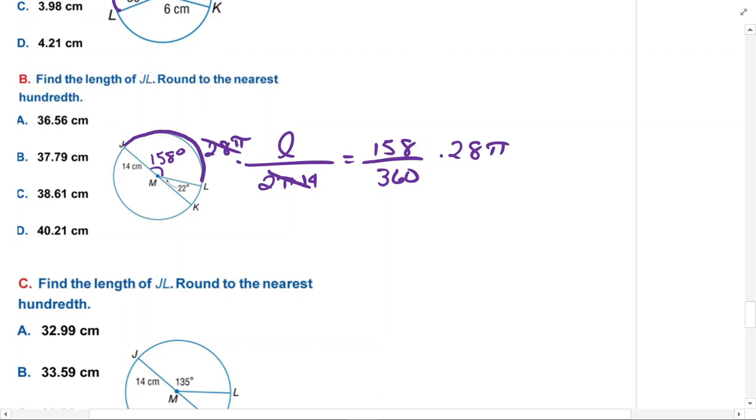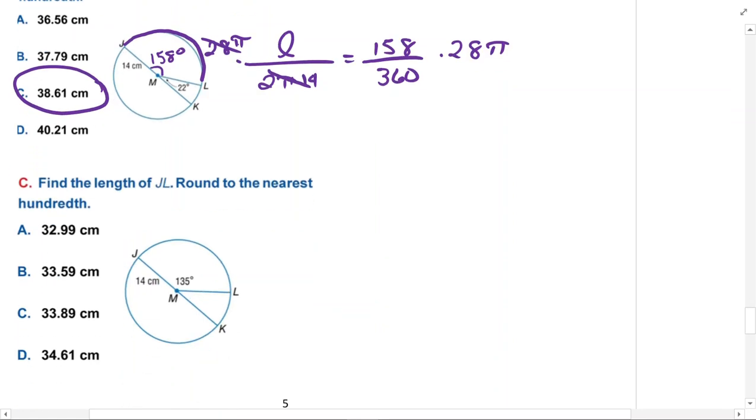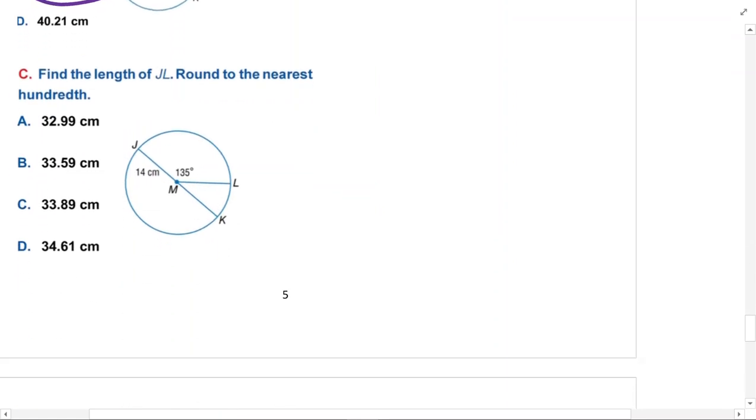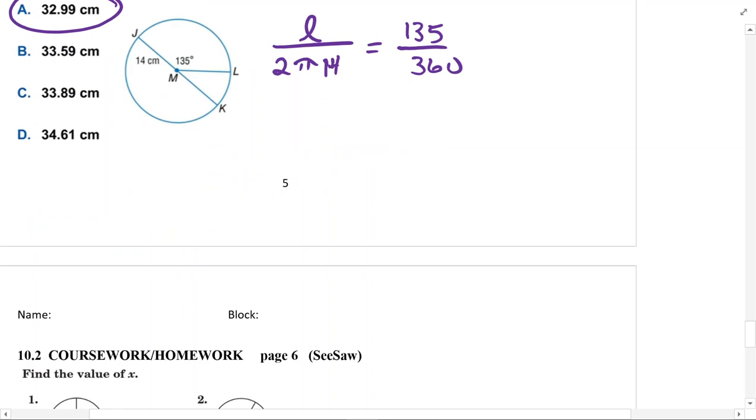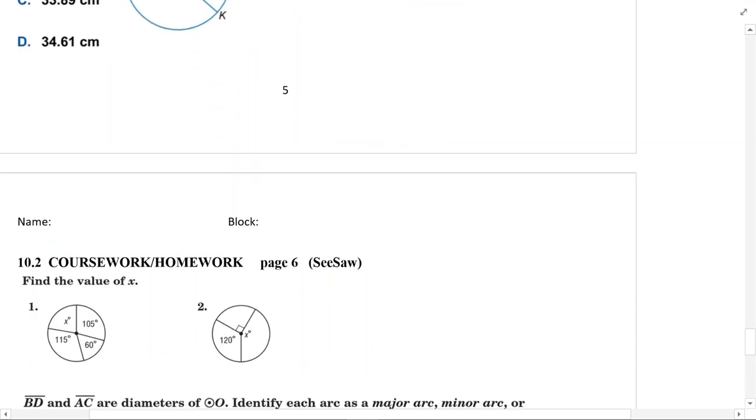We have the length is approximately 38.61 centimeters. And the answer to this one is 32.99 centimeters. And that concludes our lesson for 10-2.